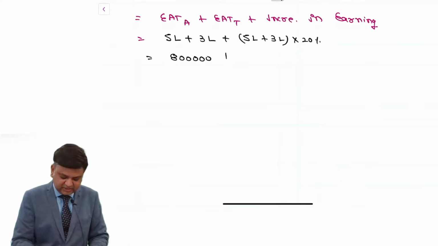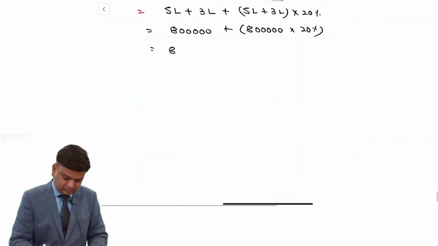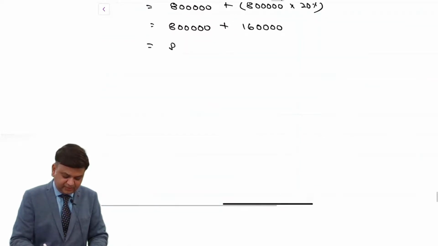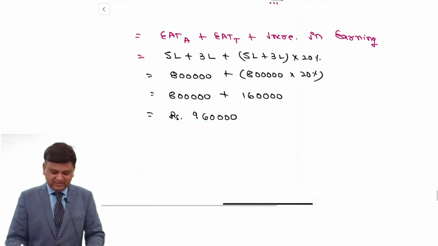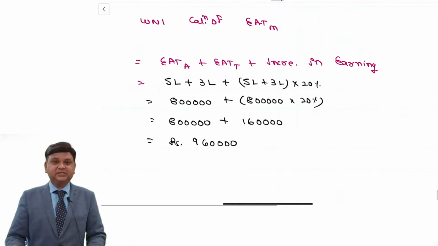So it is 8 lakhs plus 8 lakhs into 20%, so it is 8 lakhs plus 1,60,000. This comes to an amount of rupees 9,60,000. This is the way earning after taxes of the merged firm will be calculated.